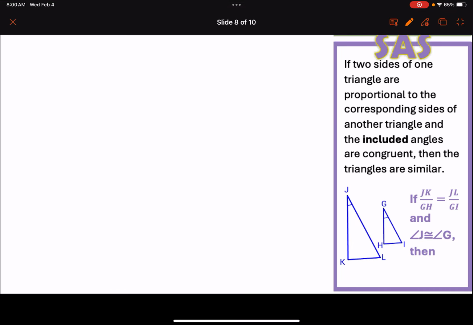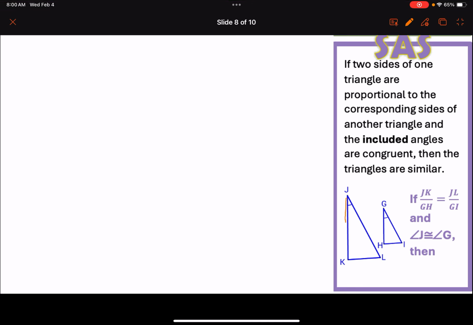So in the first examples, we saw only angles. The second examples only had sides. In this third theorem, we have both sides and angles. And the key to it is if two pairs of sides are proportional and the included angles are congruent, then the triangles are similar.